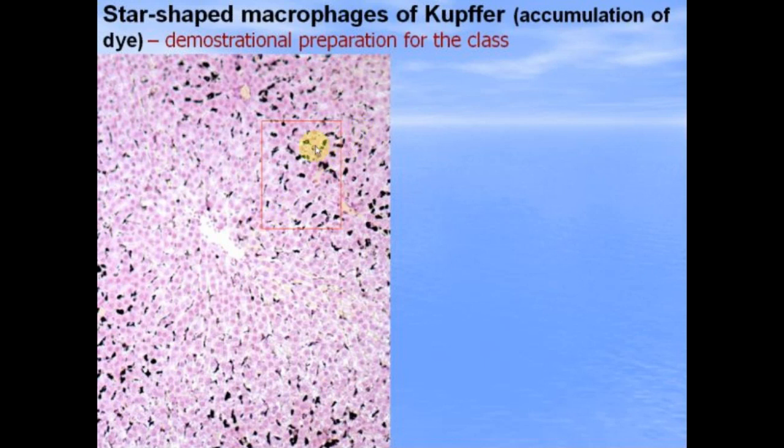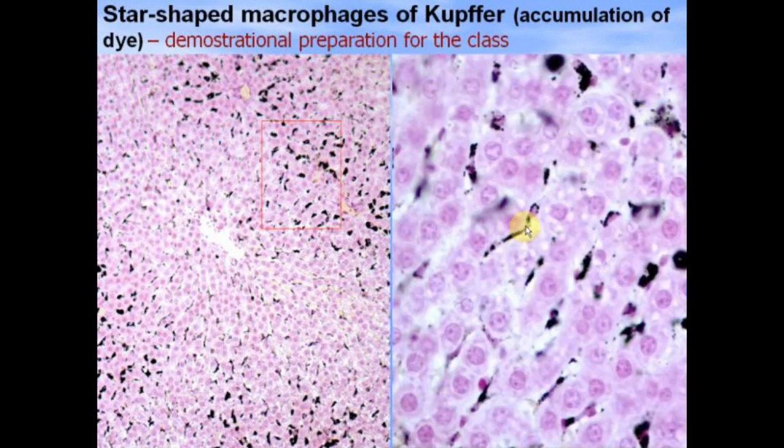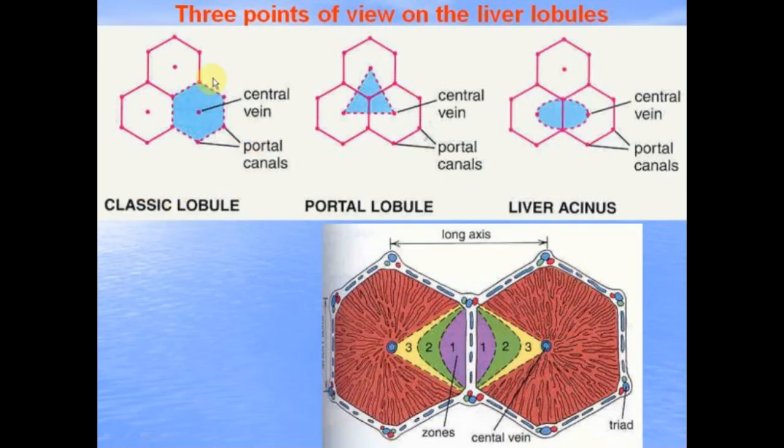This dye goes through the vessels and disappears, but while going through the sinusoid blood capillaries, Kupffer cells phagocytose the droplets of dye and accumulate it in the cytoplasm, so that makes Kupffer cells visible. It was the classic lobule description, the classic point of view.